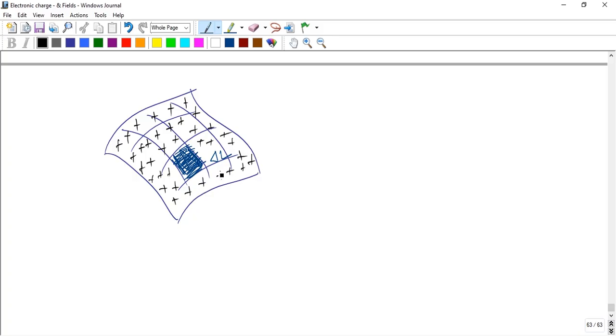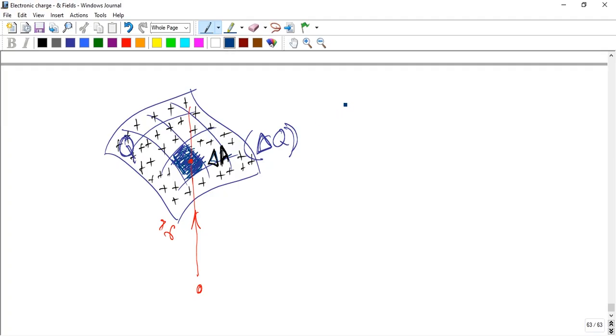Sorry, it's not delta L, it is actually delta A, the area. So the area delta A contains delta Q amount of charge, and the total charge is Q. Similar to the previous concept, suppose the origin is point O and the position vector of the surface is R1.